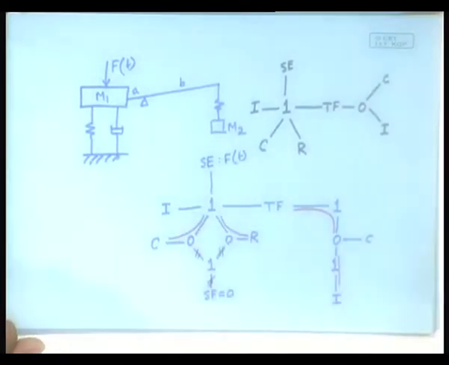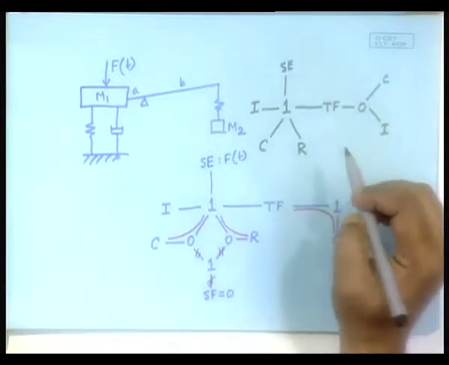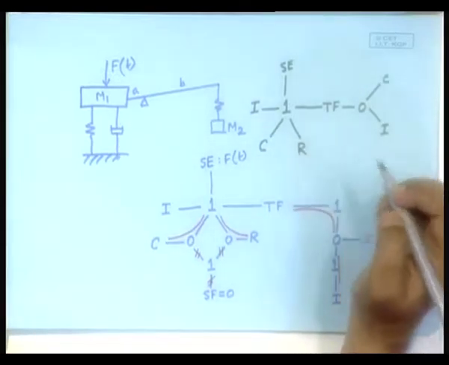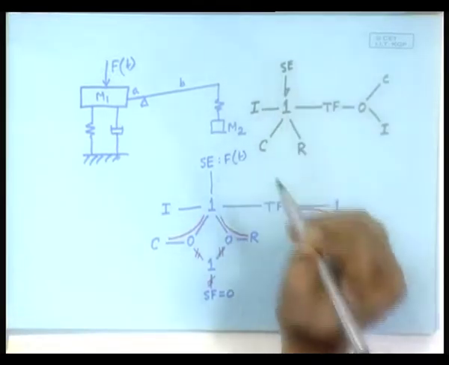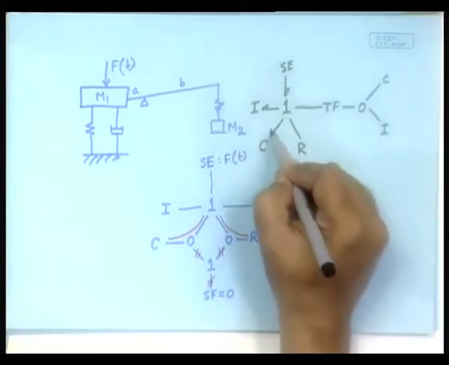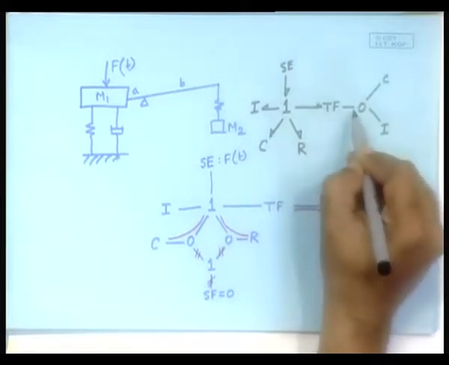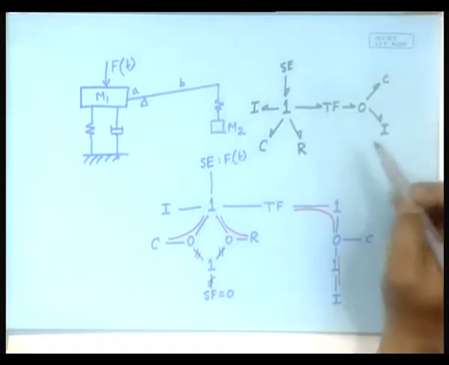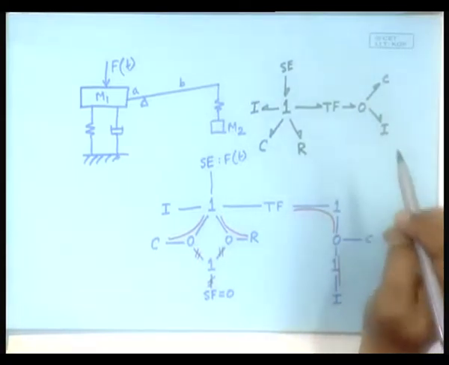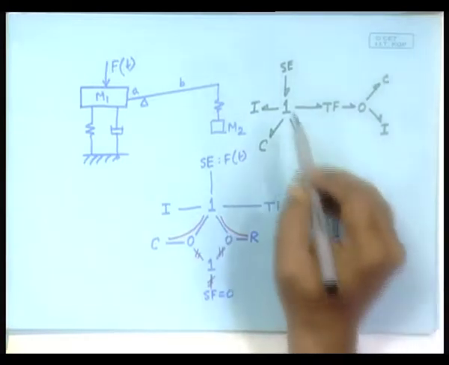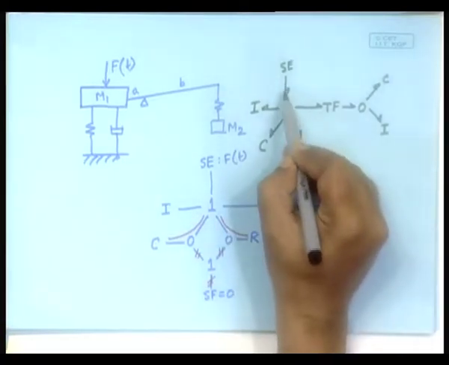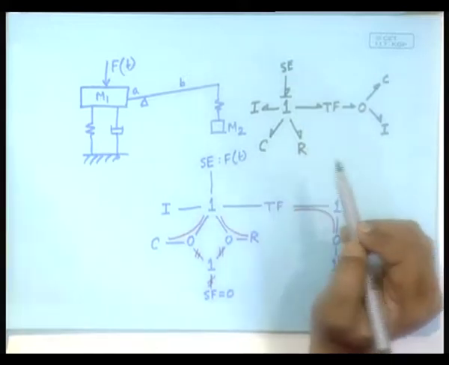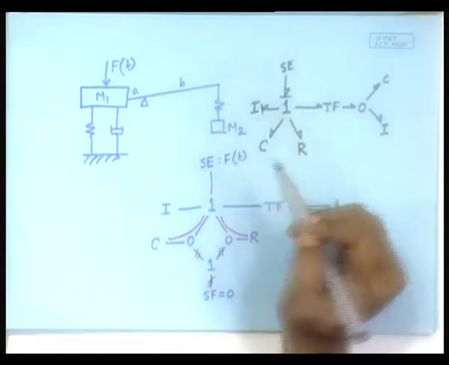Now, just as a matter of practice, put the power directions and the causalities. Here there is an AC, so it is like this. Power directions were simple. Causalities, how do you put the causalities? First, let us start from here. AC will take flow information, I will give flow information.